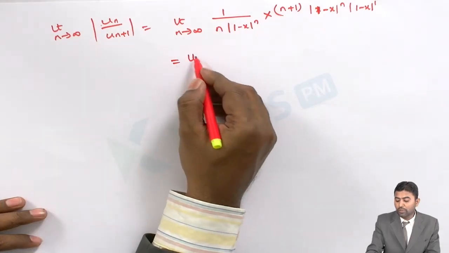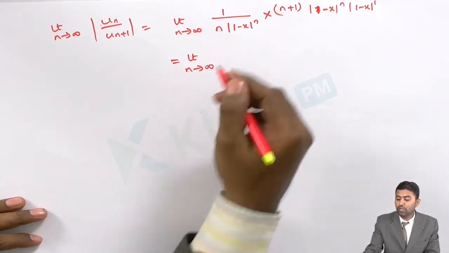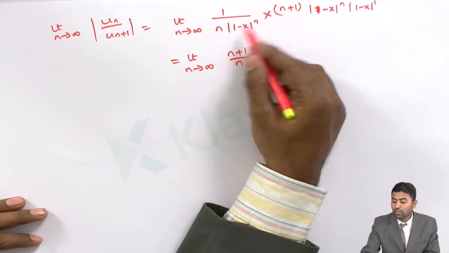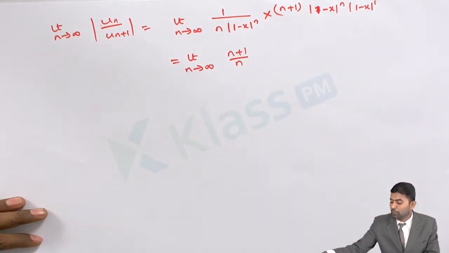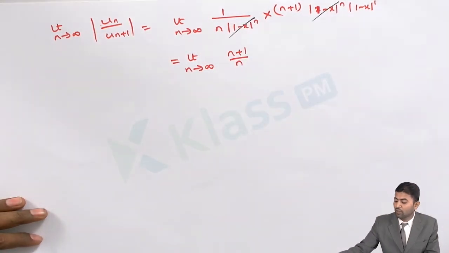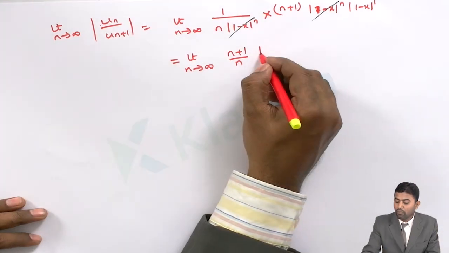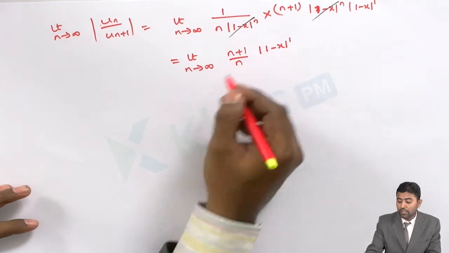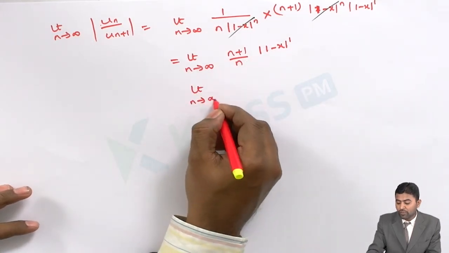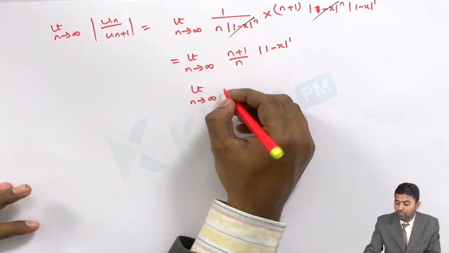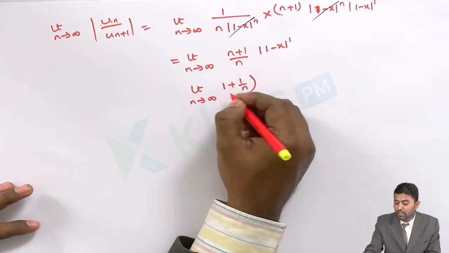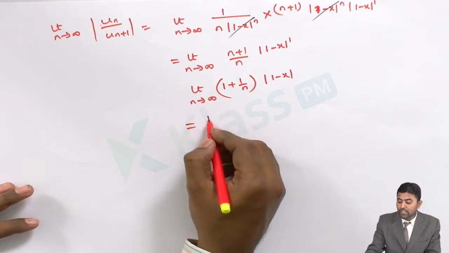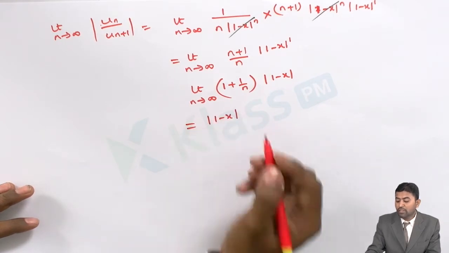So this is equal to limit n tends to infinity n plus 1 by n into, after cancellation of these two, mod of (1 minus x) whole power 1. Then I'll get the answer as limit n tends to infinity modulus of 1 plus 1 by n into mod of (1 minus x). So here I'll get the answer of mod of (1 minus x).